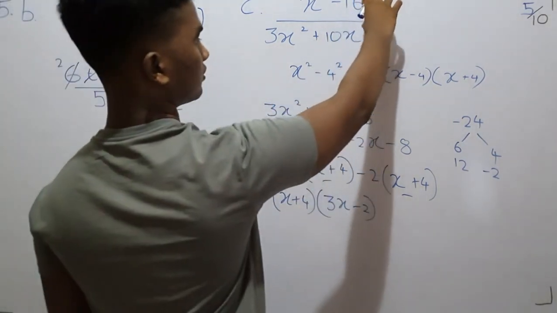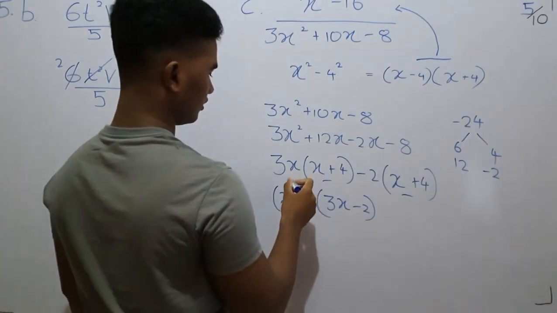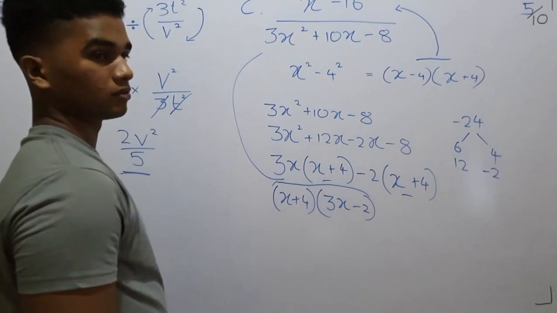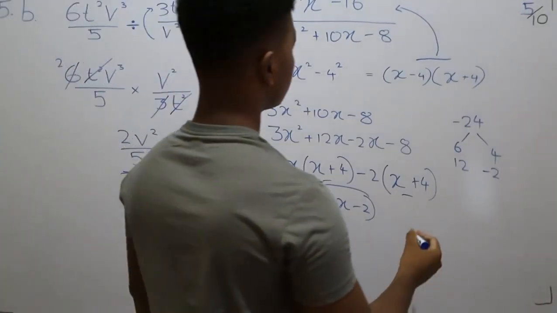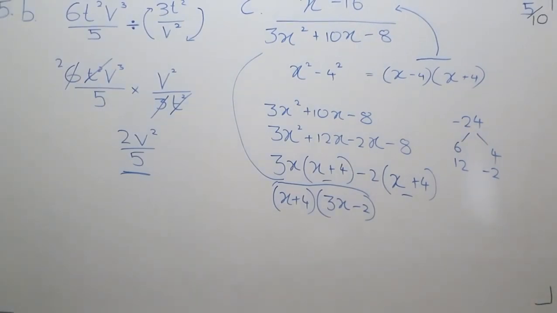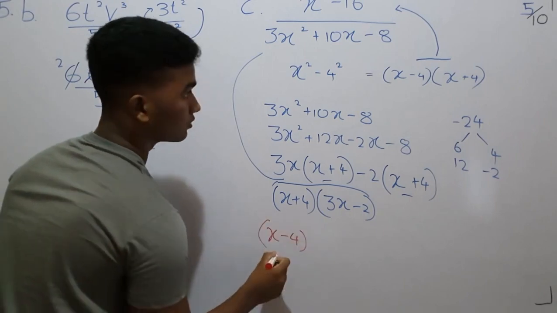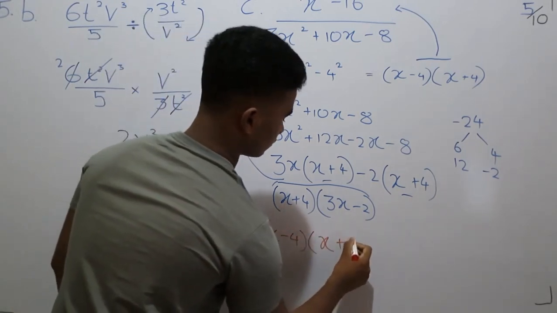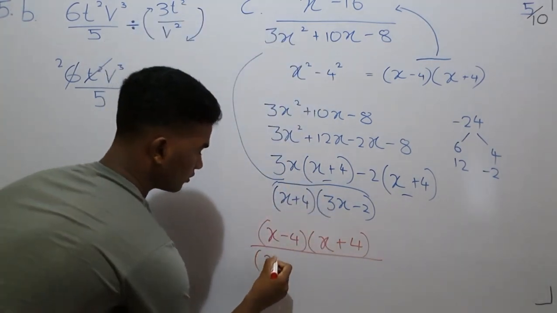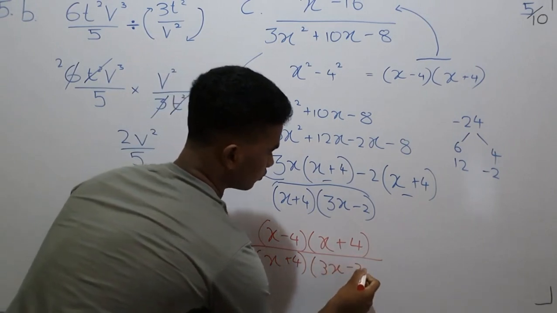Now write it like this. So this thing is equal to this, and this thing is equal to this. So write x minus 4 brackets x plus 4, whole thing divided by x plus 4 into 3x minus 2.